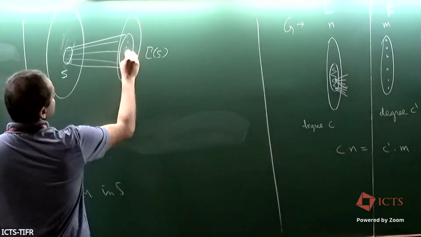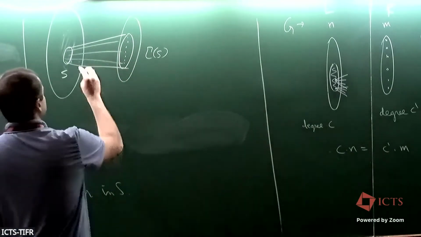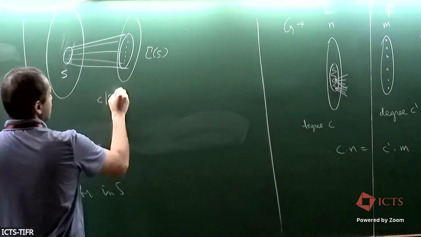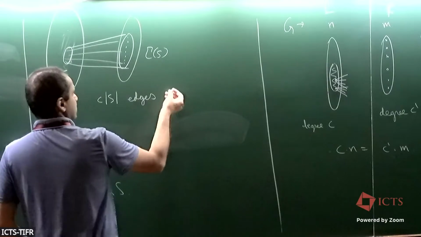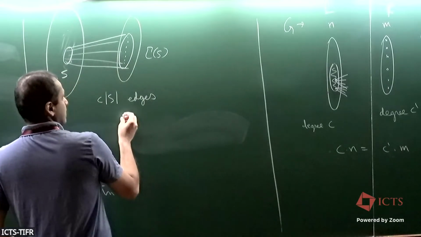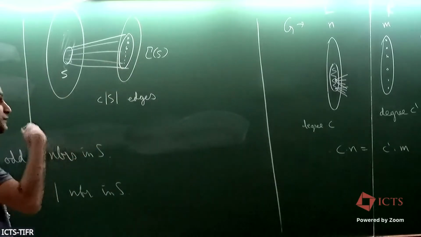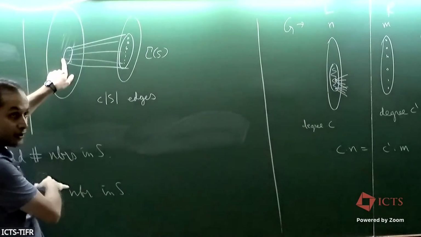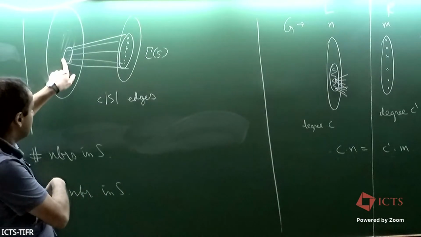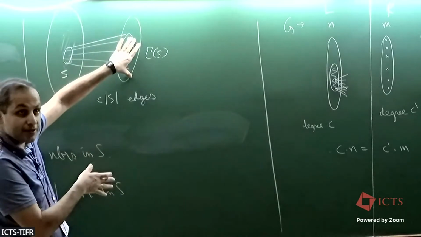If all the vertices here had at least two neighbors, then we know that there are C times size S edges between them. If none of them had one neighbor, then all of them have at least two neighbors.